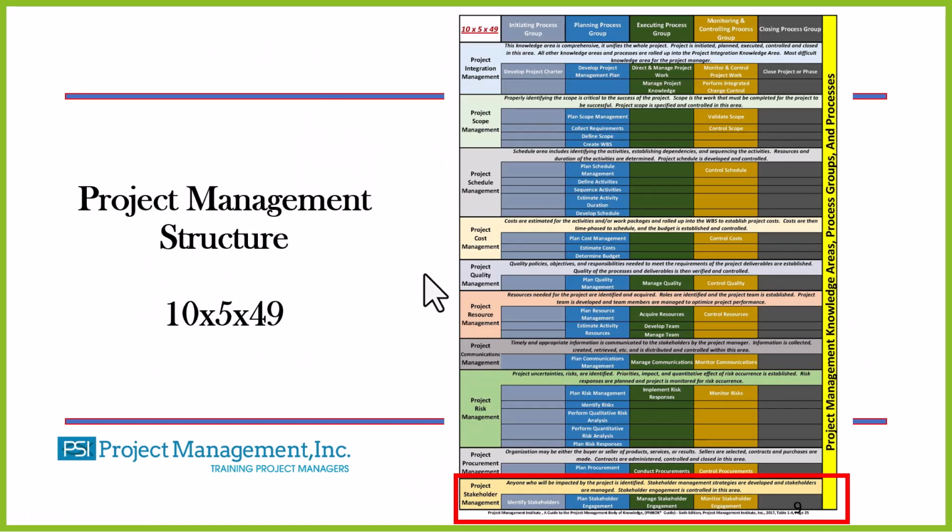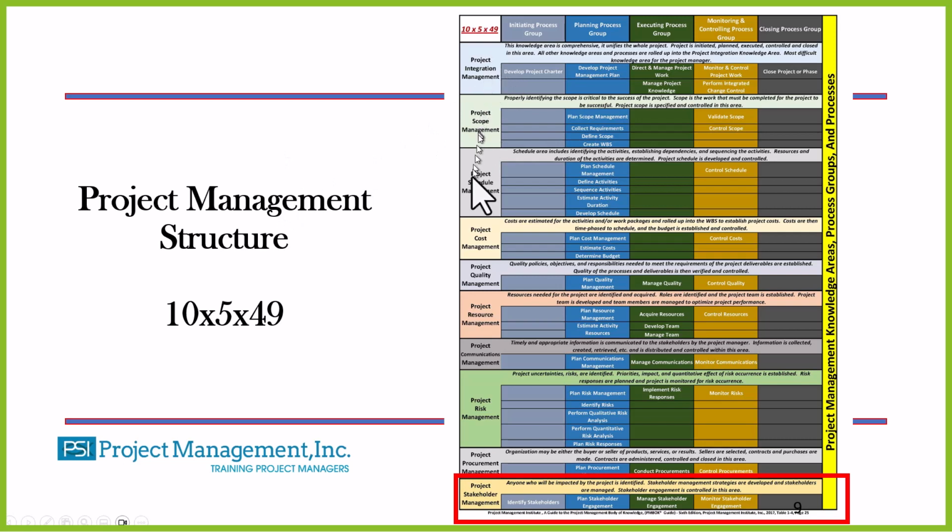This is what we call the framework for project management, or project management structure. This is out of the PMBOK Guide, the 6th edition, which is still a primary book because it gives us best practices. What we have in this is our 10 by 5 by 49.